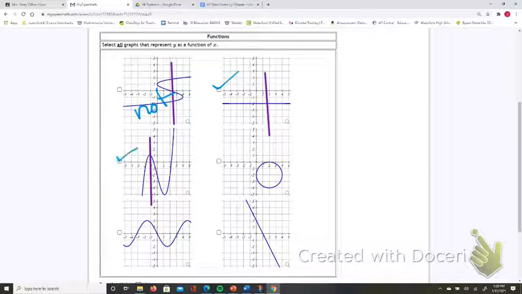Yes, it's a function. Not a function. Yes, it's a function. Yes, it's a function. So on the left side, the middle one and the bottom one, and on the right side, the top one and the bottom one. I hope that you got it right.